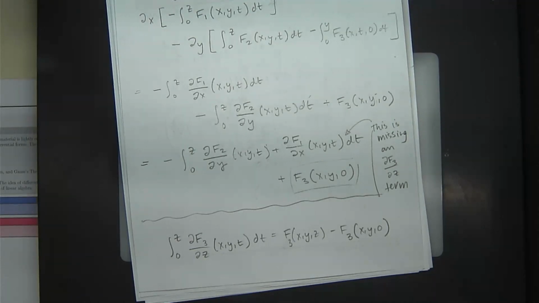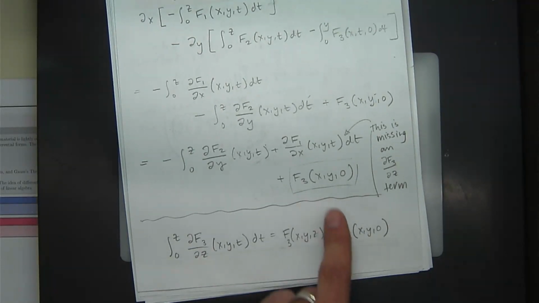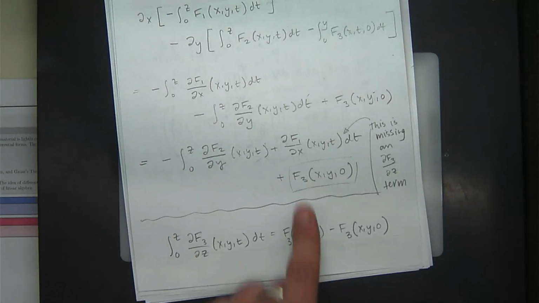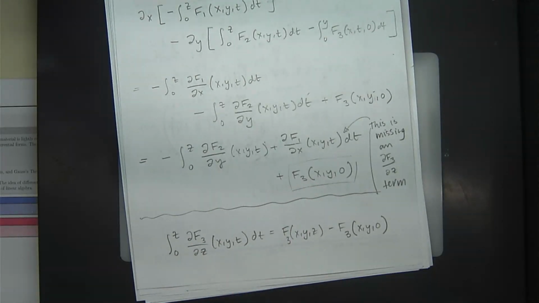Okay, so we're getting pretty close. We've got one of these guys. So we can rewrite this guy in terms of the remaining two.